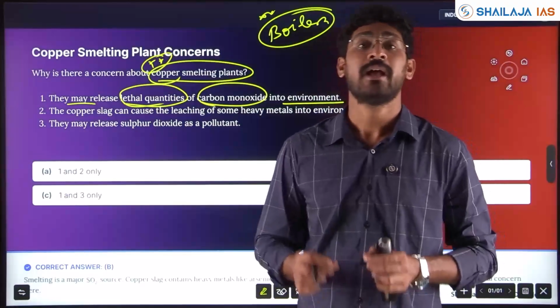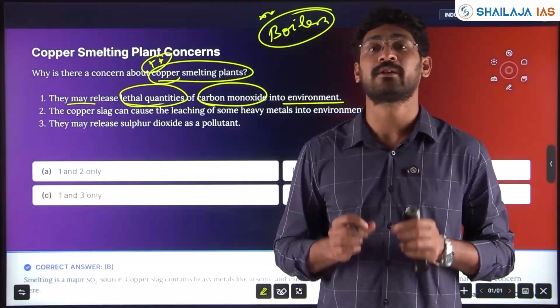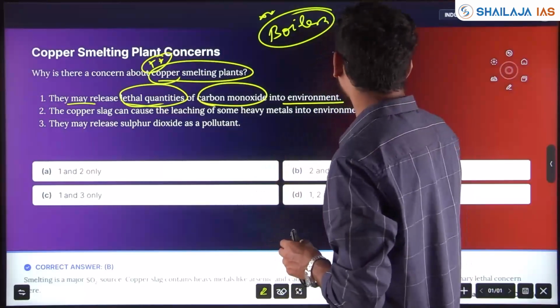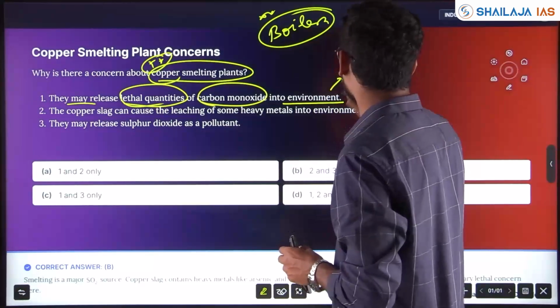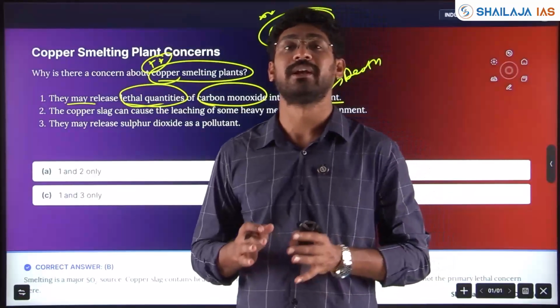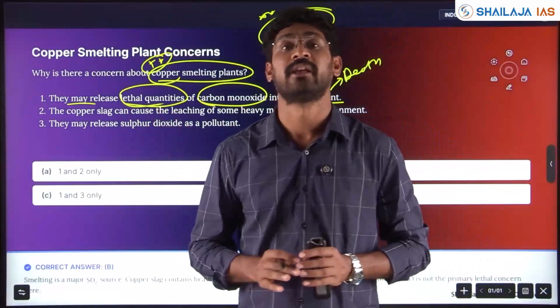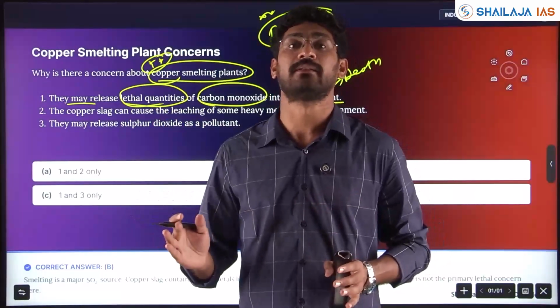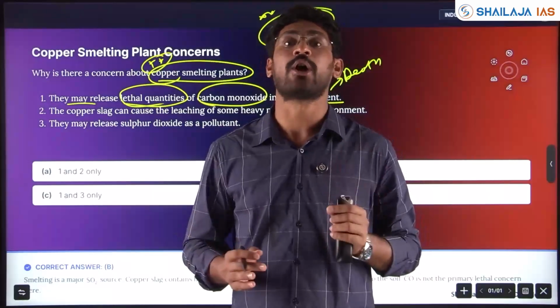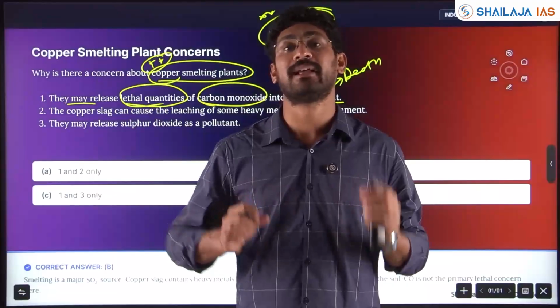Carbon monoxide is highly dangerous. If it enters your bloodstream, it deprives you of oxygen and might cause death. Coal industries during the Industrial Revolution in Britain released carbon monoxide and there were massive deaths. So even slight carbon monoxide released will affect life forms in the surrounding area.